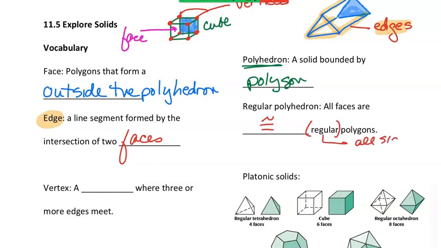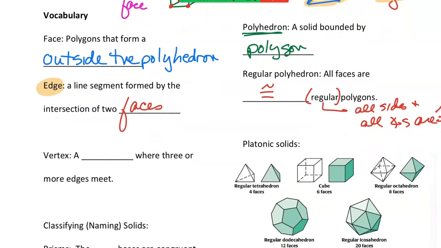All sides and all angles are congruent. Okay, a vertex is a point where three or more edges meet, and the plural equals vertices.